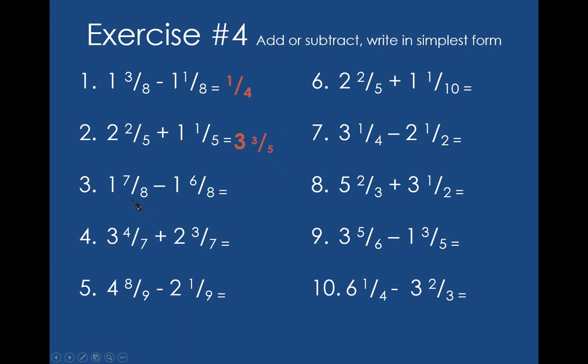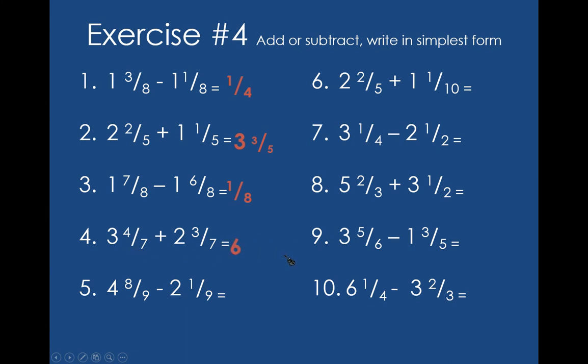Next: 1 and 7/8 minus 1 and 6/8. Similar fractions, copy the denominator 8. Then, 1 minus 1, we don't write it because it is 0. 7 minus 6, 1. So, 1 over 8. Same with our next one, number 4: 3 and 4/7 plus 2 and 3/7. We just add everything, then copy the denominator.